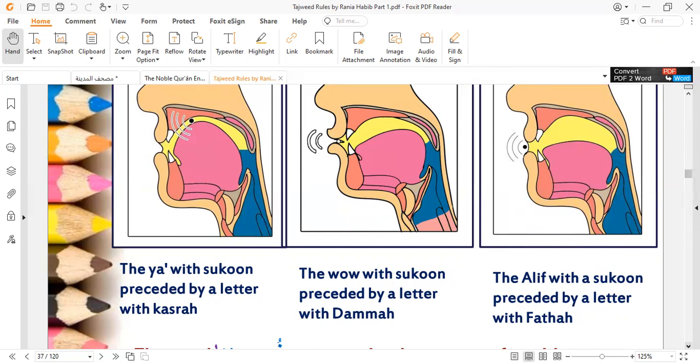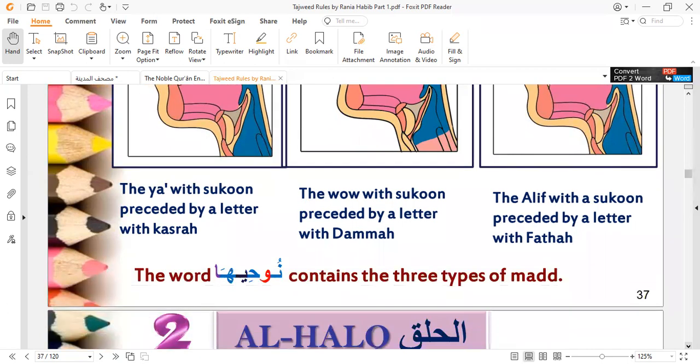So now we have talked about the first articulation area, which is الجوف. We know that we don't have a specific articulation point. And also they combine the three mad letters in this word, which is نوحيها. The word نوحيها contains the three types of mad. This waw sakina preceded by a letter with dhamma, ya sakina preceded by a letter with kasra, and ha alif sakina preceded by a letter with fatha.